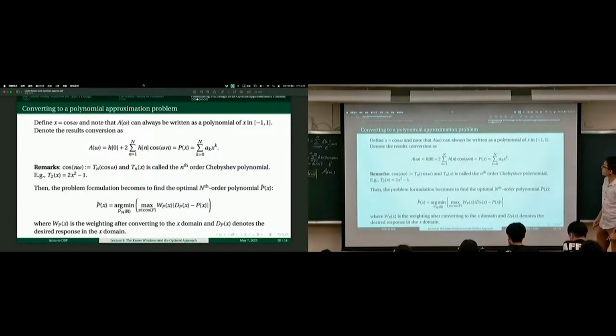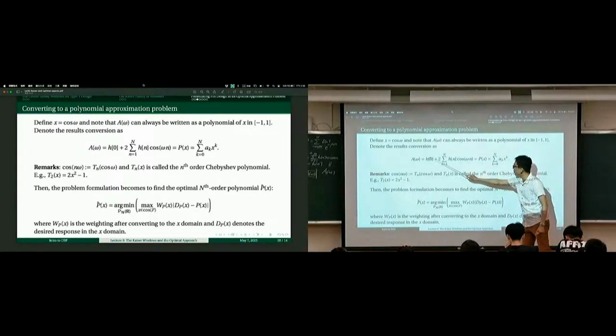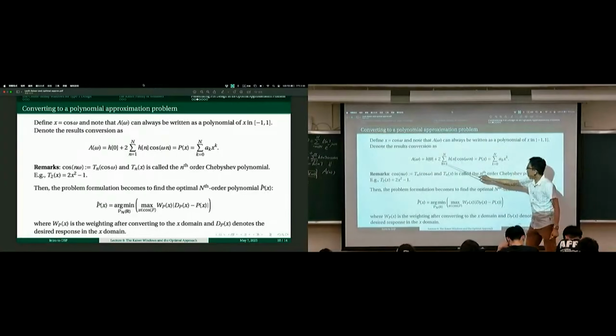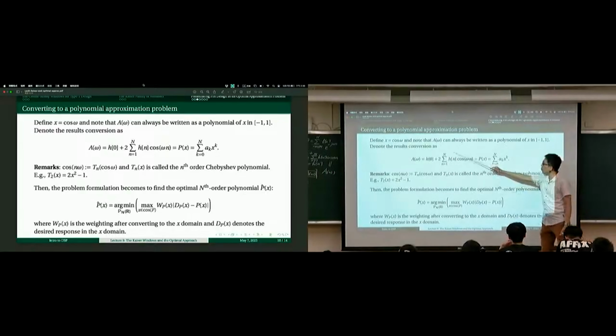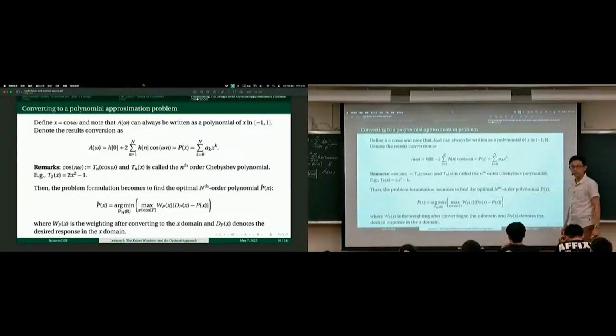So it turns out that the problem can be converted to a polynomial problem first. Let's go through this slowly. You want to design A of omega, which is parameterized by H. Basically, A of omega is the DTFT of H, so you have n plus 1 degrees of freedom.